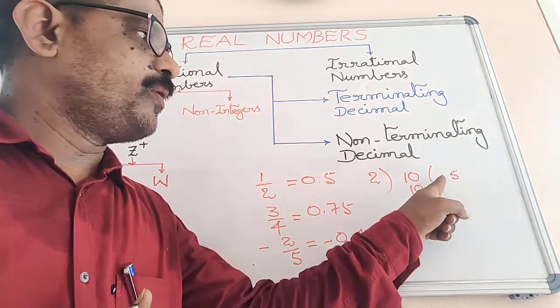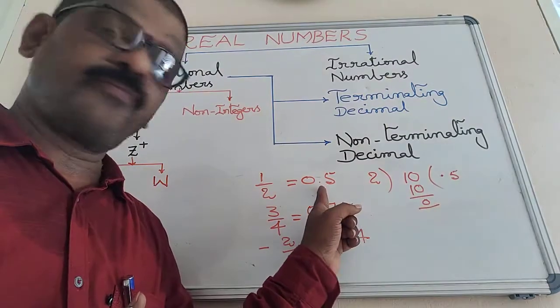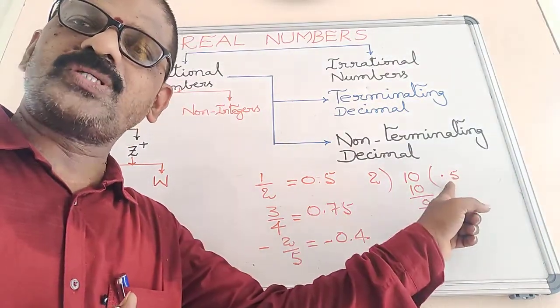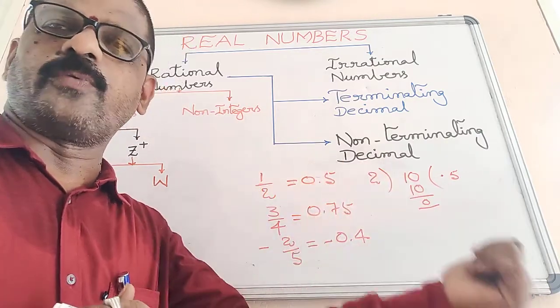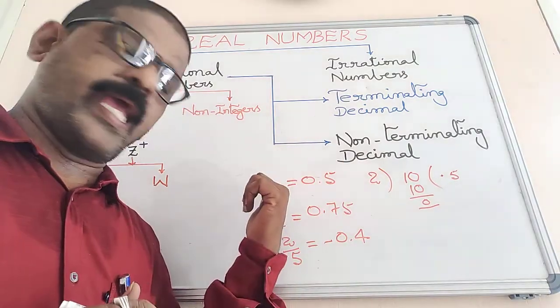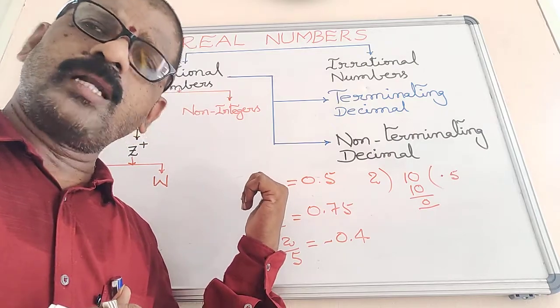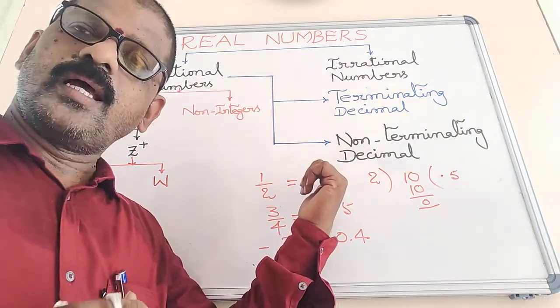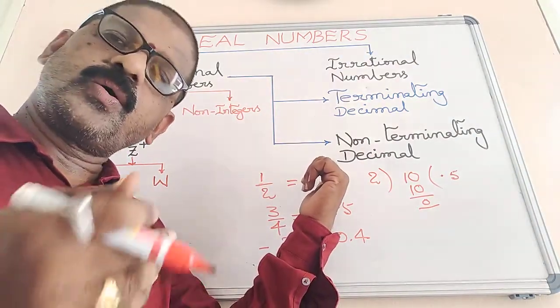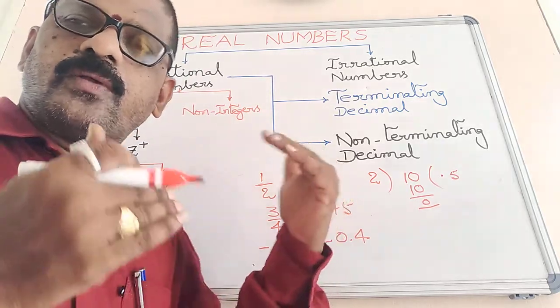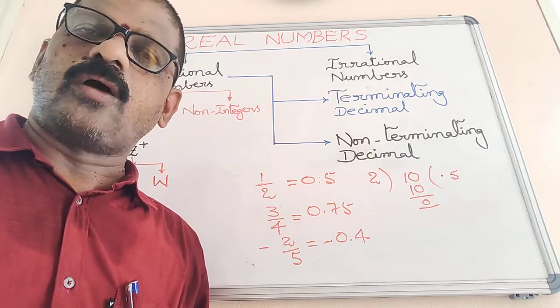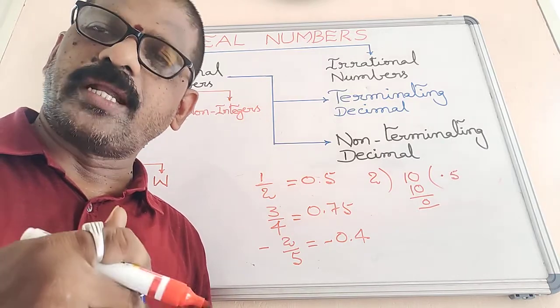Clear? Now this value 0.5 is called the quotient. That means 1 by 2 or 0.5. 1 by 2 is a rational number, 0.5 is a rational number and also a quotient number and also a decimal number. Clear?